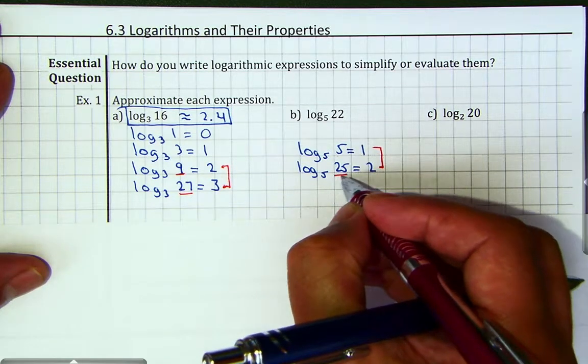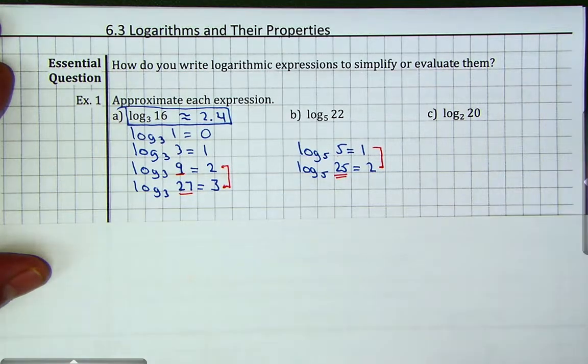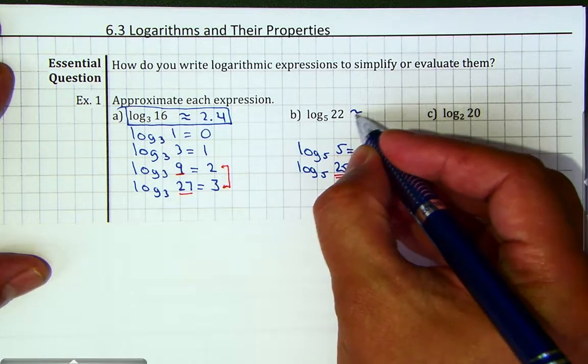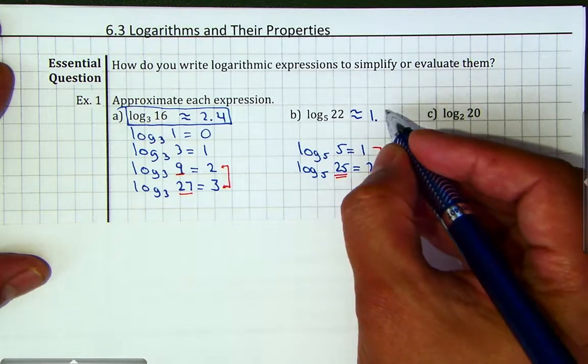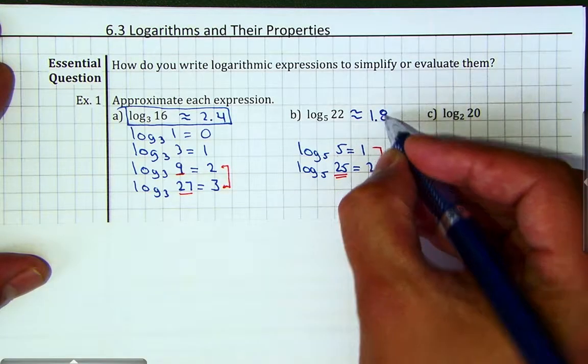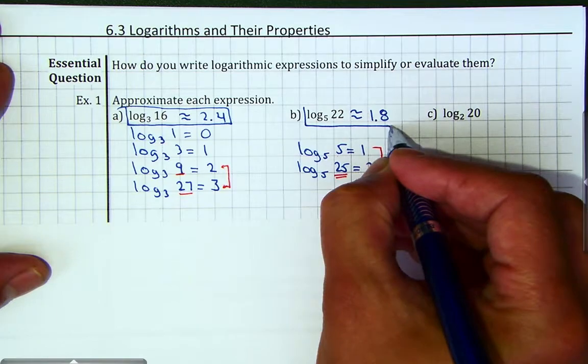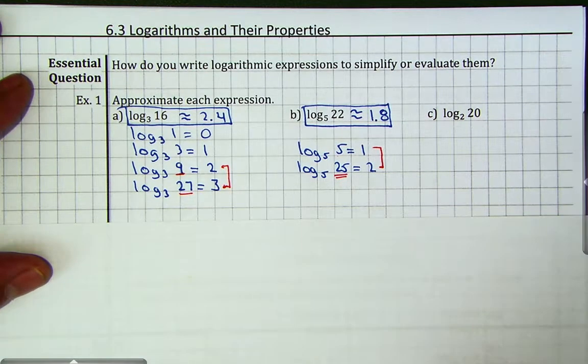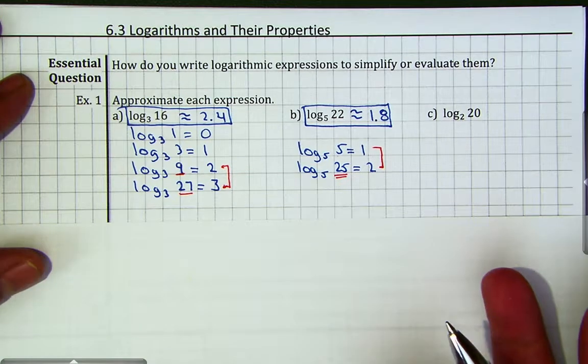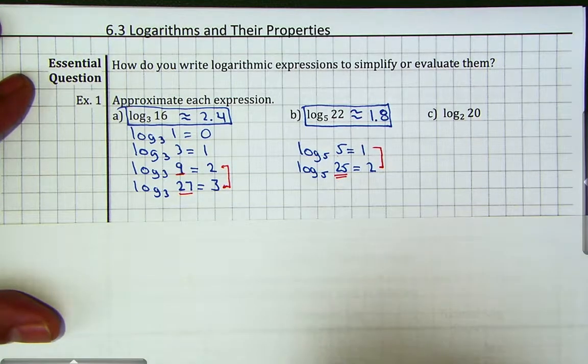It's closer to 25. So it should be approximately 1.89. That's perfect. We are only approximating, so if you give me 1.7, it's fine. 1.6, it's fine. 1.5, no, it should be higher than 1.5, right?